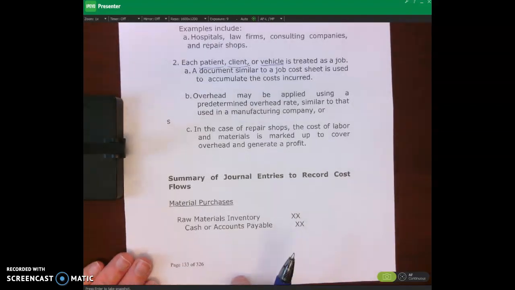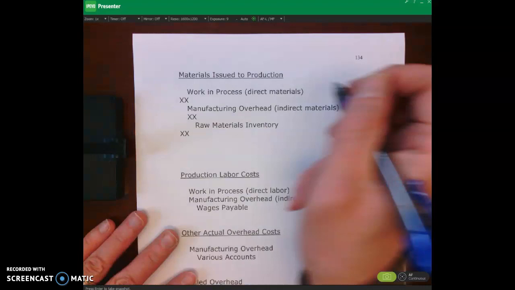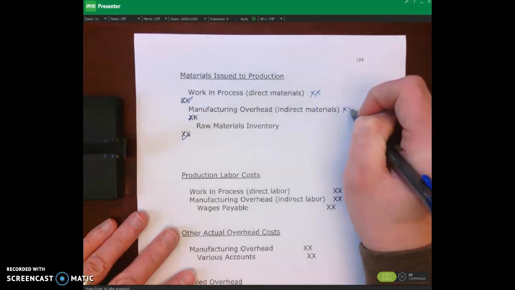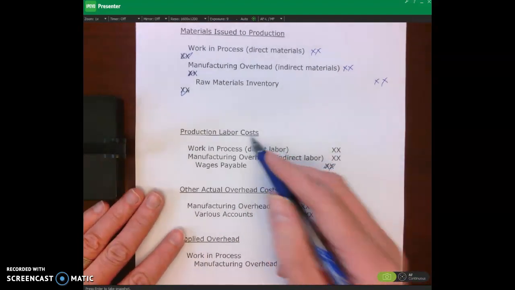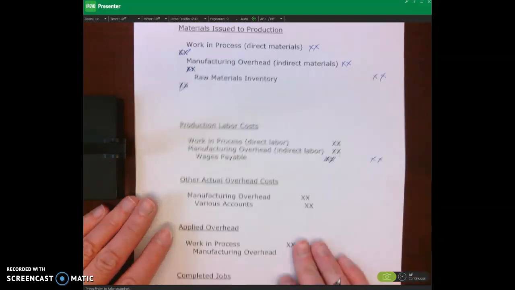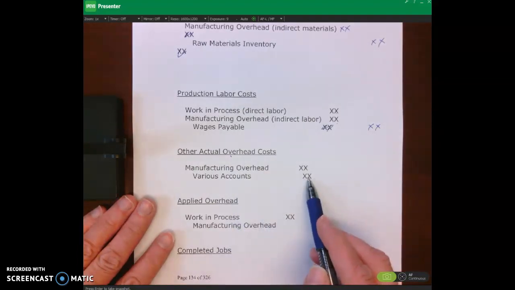In terms of a summary of the journal entries, remember to purchase materials, debit raw materials, credit cash or credit accounts payable. To issue materials to production, debit WIP, debit manufacturing overhead, credit raw materials. Labor costs, debit WIP, debit overhead for indirect labor, credit wages payable. Other actual overhead, debit overhead, and then credit accumulated depreciation or credit prepaid insurance.